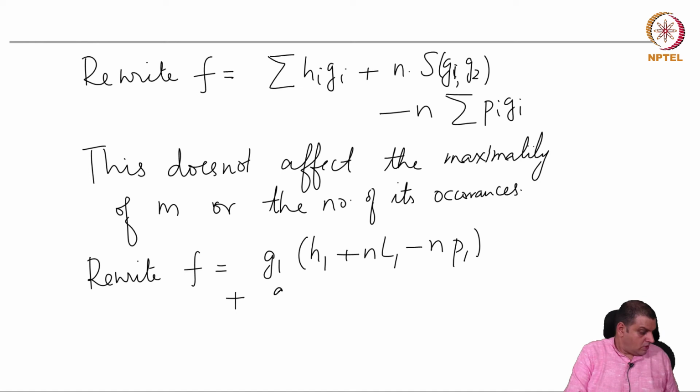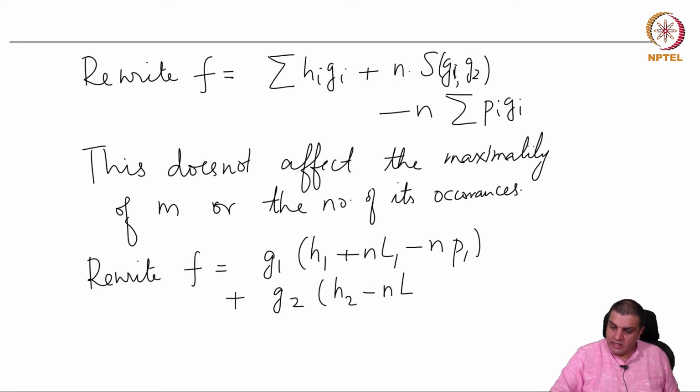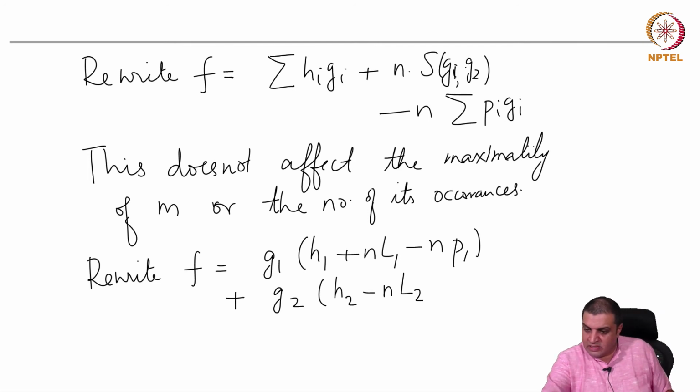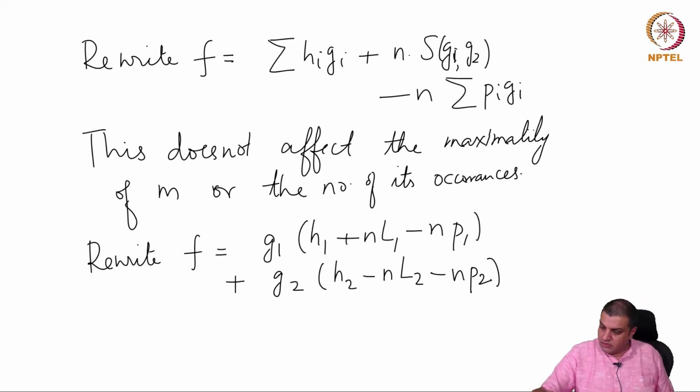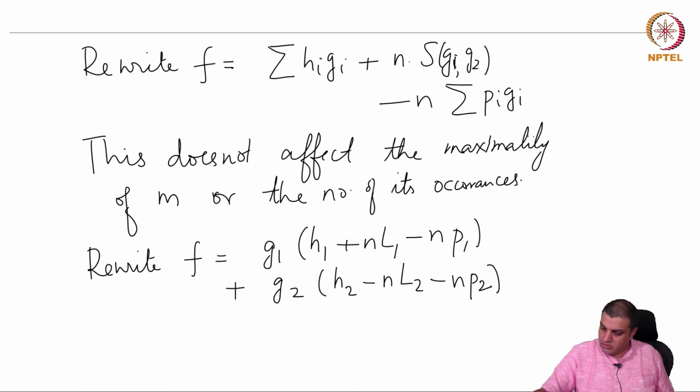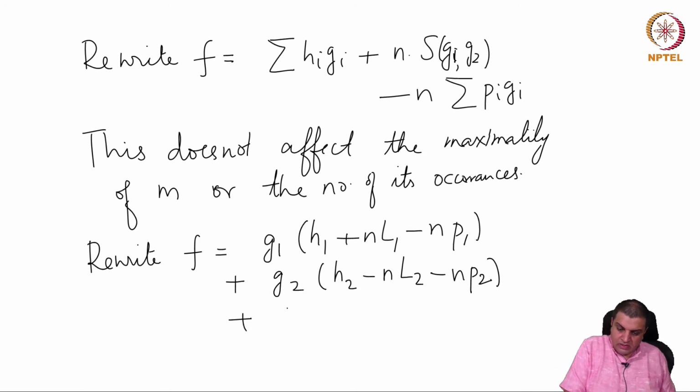Plus G2 times H2 minus n L2, so one would have a minus L2 G2 here and then a multiplication by n P2, and then plus the sum for i from 3 to m of Hi minus n Pi Gi.